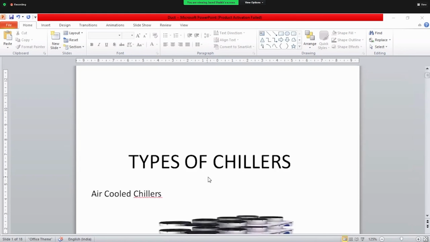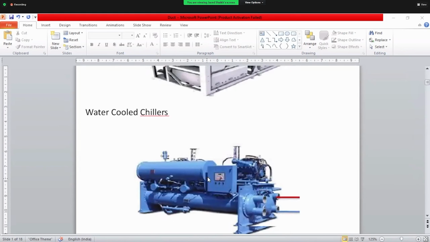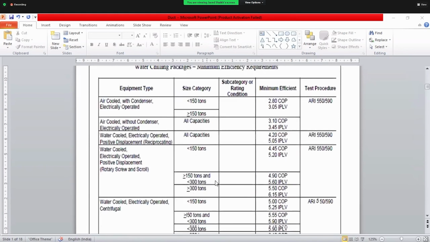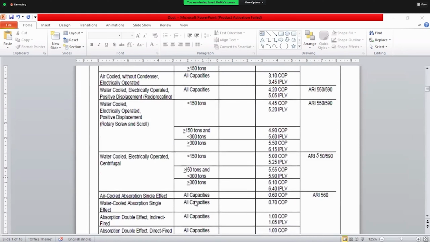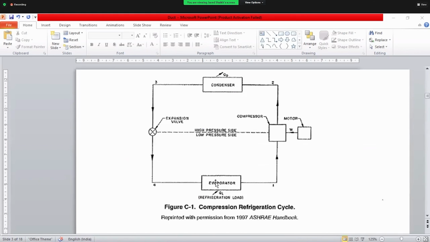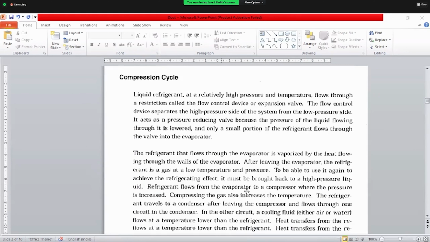Compressing the gas also increases the temperature.